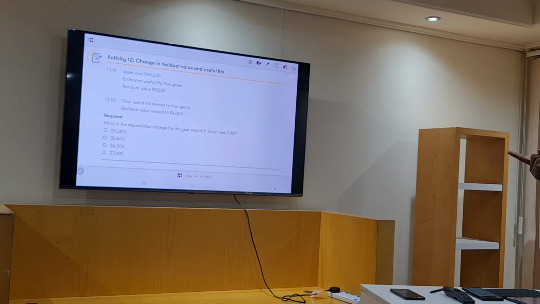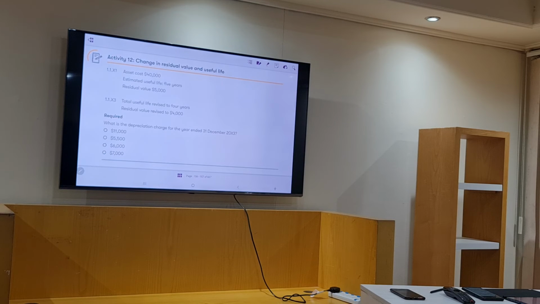Before, the total useful life was 5 years, and after the new one it is 4 years. Yes, decrease 1 year. Correct. And the residual value is also coming down to 4,000.